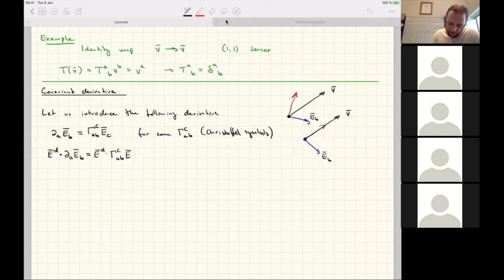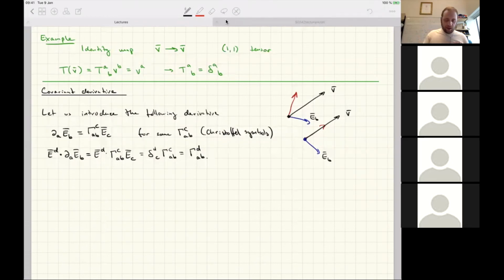Now the inner product is just linear, so I get ED inner product with EC, which is delta DC, gamma CAB, which when I perform the sum over C is just gamma DAB. So that's how I can get these components out.